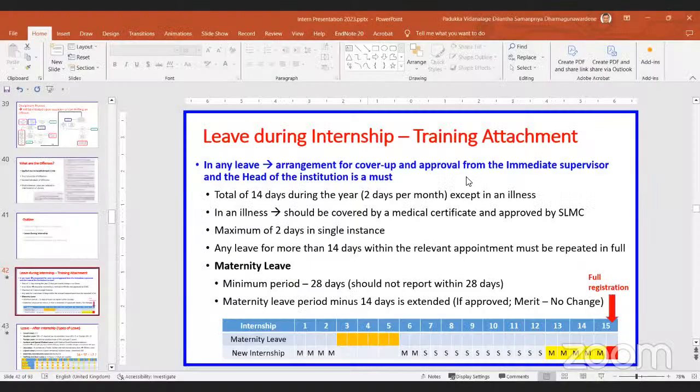Can you see the screen and the slides? Not yet, sir. Okay, it's coming up. I think I have lost the connection. Now it's okay. Is it okay now? Can you see it? Need to make it full screen.